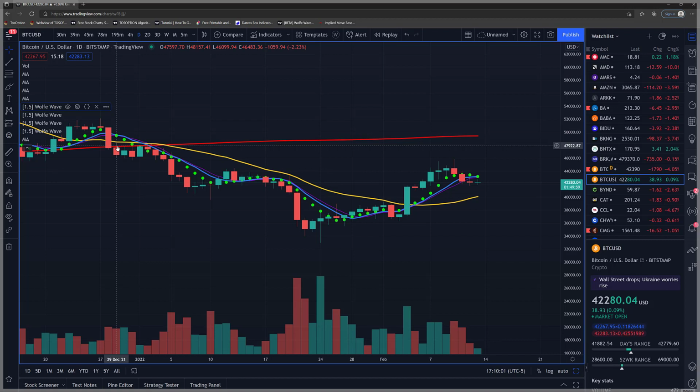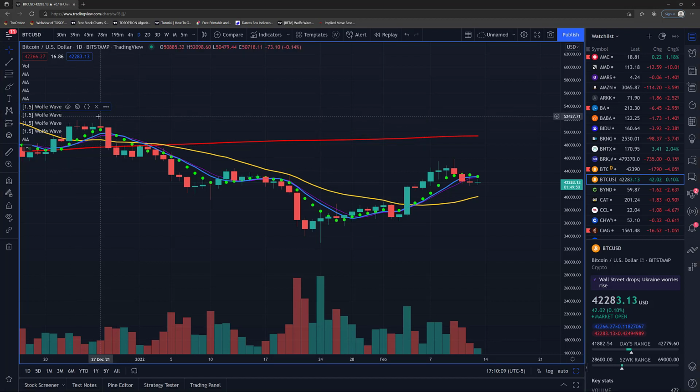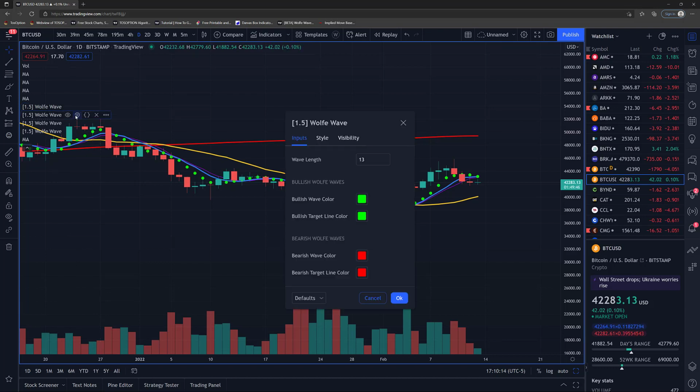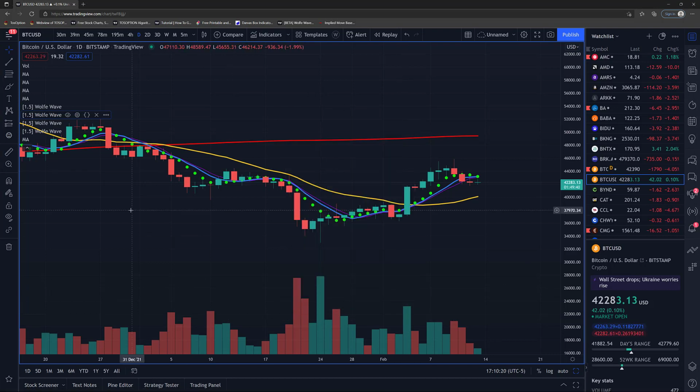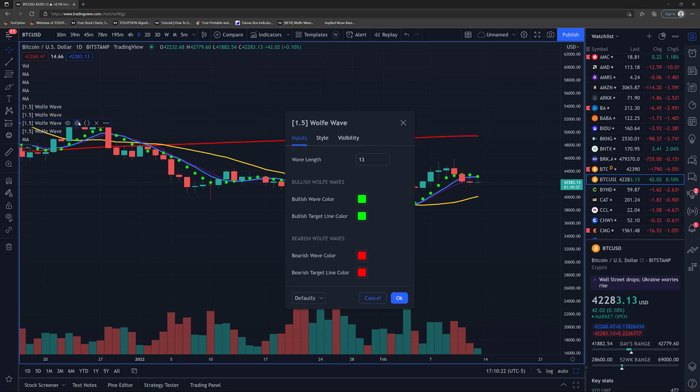Actually, sorry, not all instruments or companies have the same trading personalities. So in order to accommodate each company's personalities, you want to introduce as many different length Wolfe wavelengths to capture the volatility for each company or each ticker.